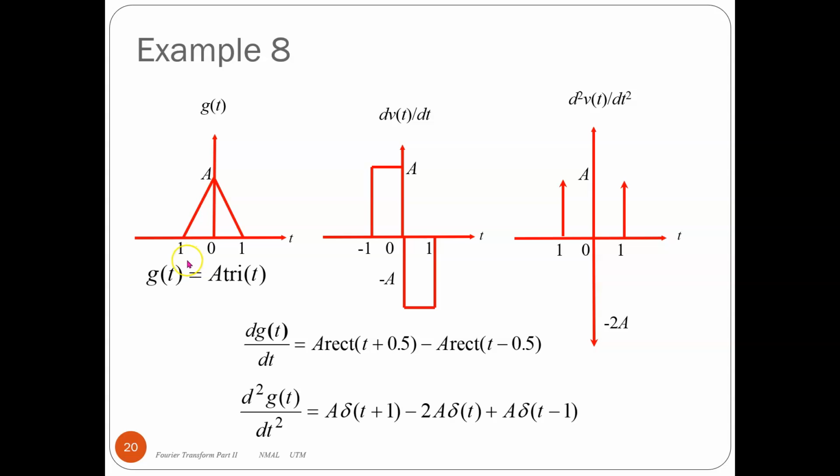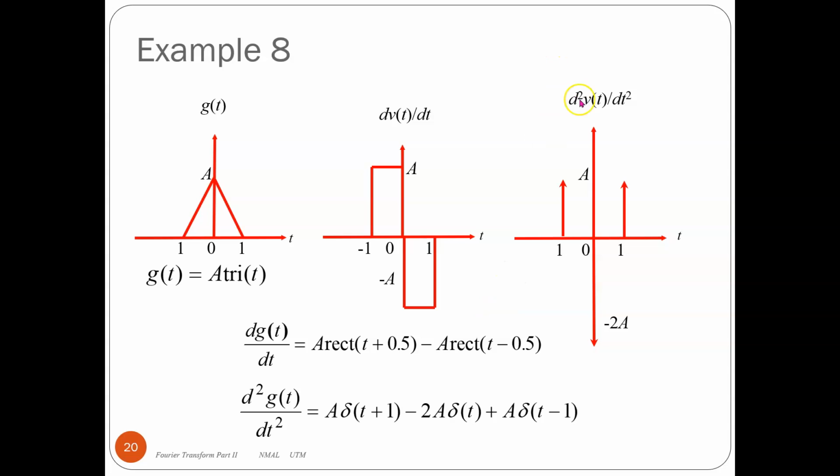If we solve mathematically in the time domain, the differentiation of this triangular function between -1, 0 and 0, 1 gives this value A, which is actually A rect(t plus 0.5), and for this part, negative A rect(t minus 0.5).